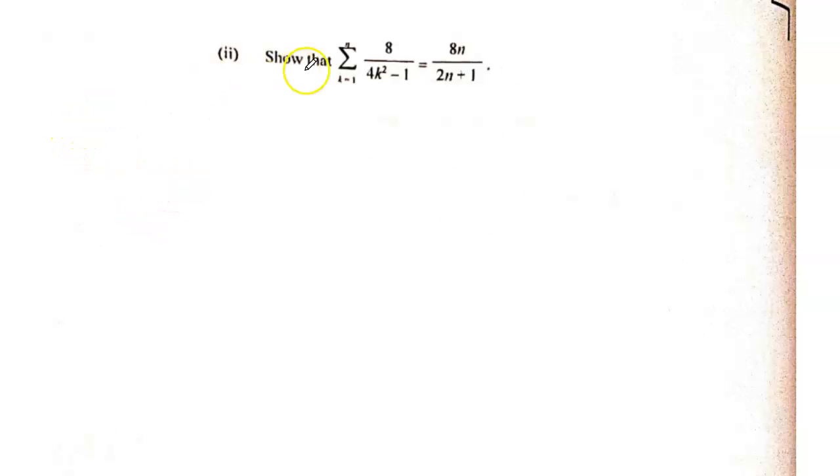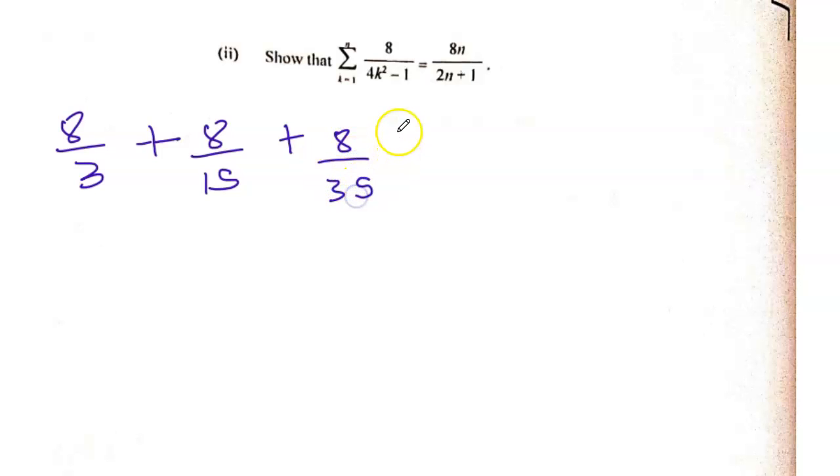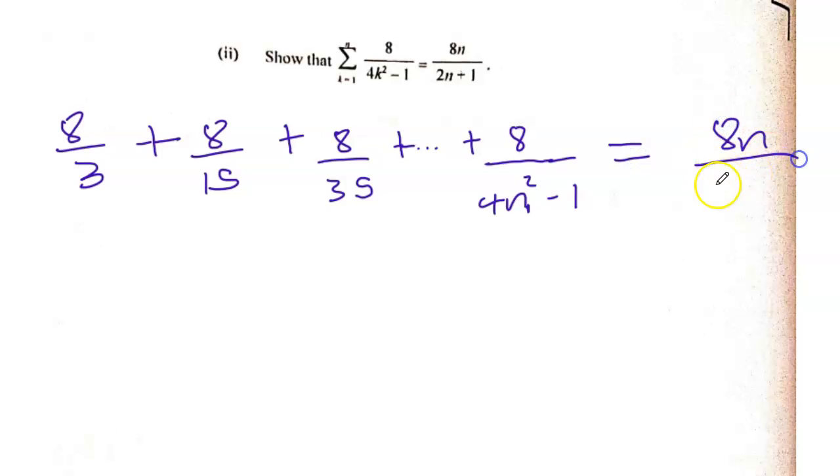To the left hand side, when k is 1, we got 8 over 3, plus when k is 2, 8 over 15, and for the third term we got 8 over 35, plus, and the nth term, I replace the k with n, so it will be 8 over 4n squared minus 1, and this should be equal to 8n over 2n plus 1.